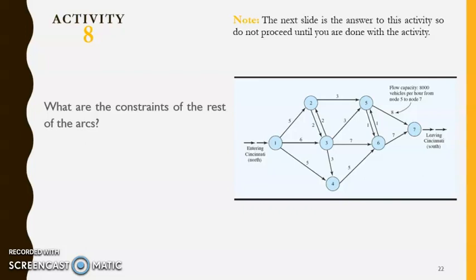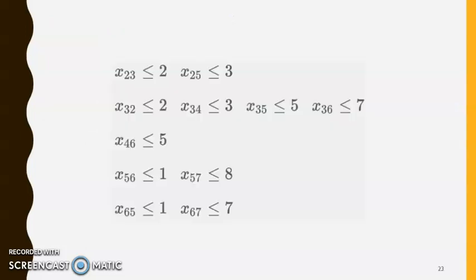Just make sure you are not missing any of the variables and you are writing all of them. Okay, the answer would be this. And now we have all the decision variables with their associated capacities, and after that you get it done.